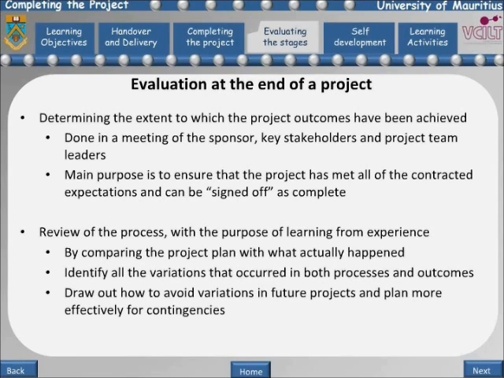The aim is to draw out how to avoid such variations in future projects, or how to plan more effectively for contingencies. Although monitoring takes place throughout a project, evaluation based on the information thus gained is likely to happen at the end of the project in a final summative evaluation which identifies the following.